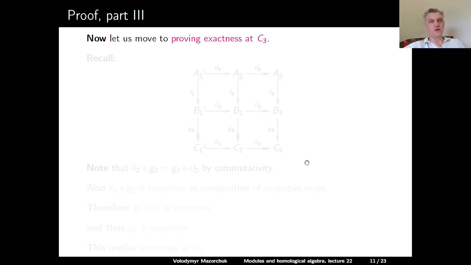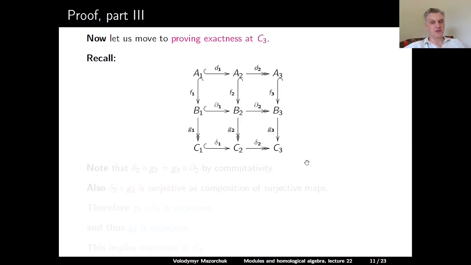Now let us move to the position C3. So here is our diagram. We now included that the map from A3 to B3 is injective. So in this diagram, now if you look at it, in the lower right square, we have that delta 2 after G2 is equal to G3 after partial 2. This is just the commutativity of this square.